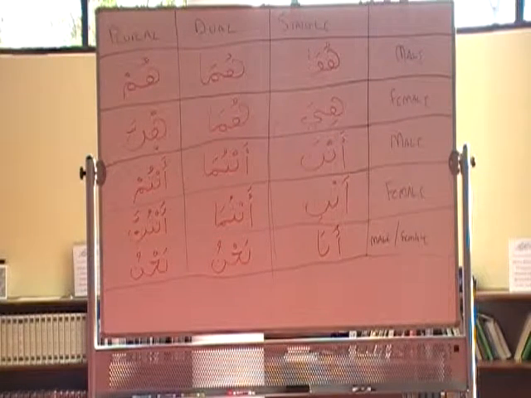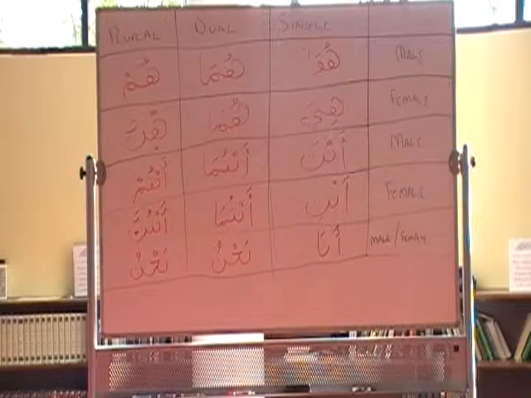So Abu Bakr is actually a compound. It's a name, but it's a compound. Abu Bakr. So what kind of compound is this? Idafa, exactly. It is a possessive compound. So Abu, the father of Bakr. The possessor is Bakr, and the father is the thing that's being possessed.